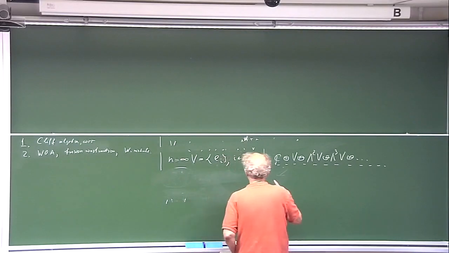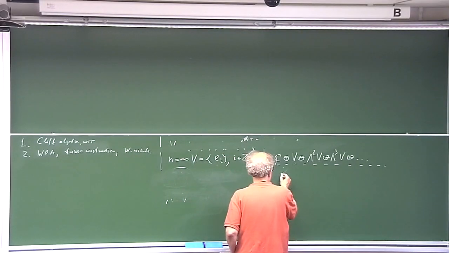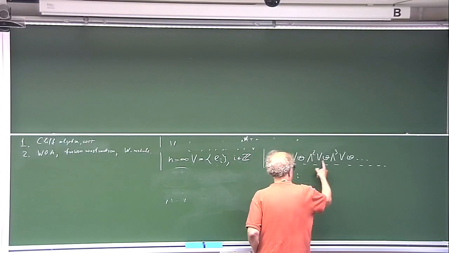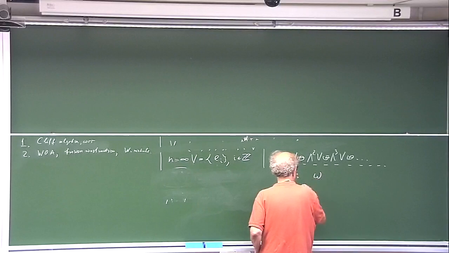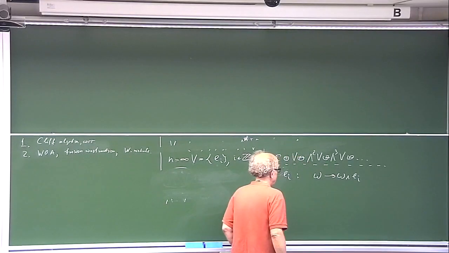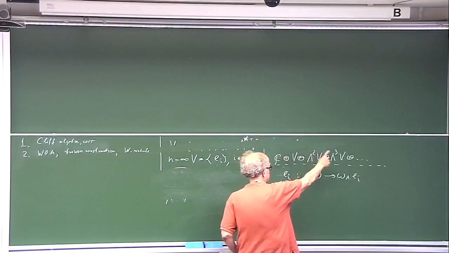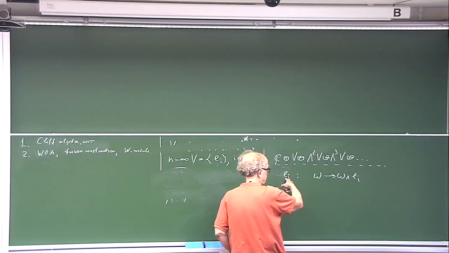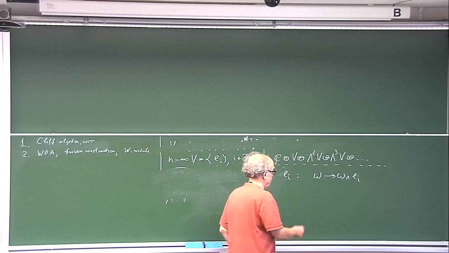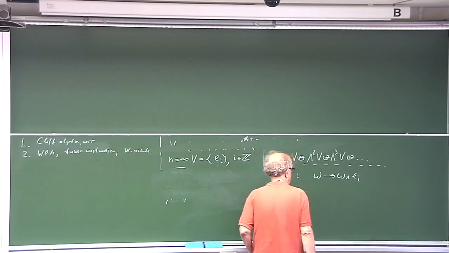And one operator, which I want to determine by the same e_i, is taking an element w from here and sending it to w times e_i. So in this way, on this space, we have a collection of operators, which I denote by the same letters, and they are acting this way.